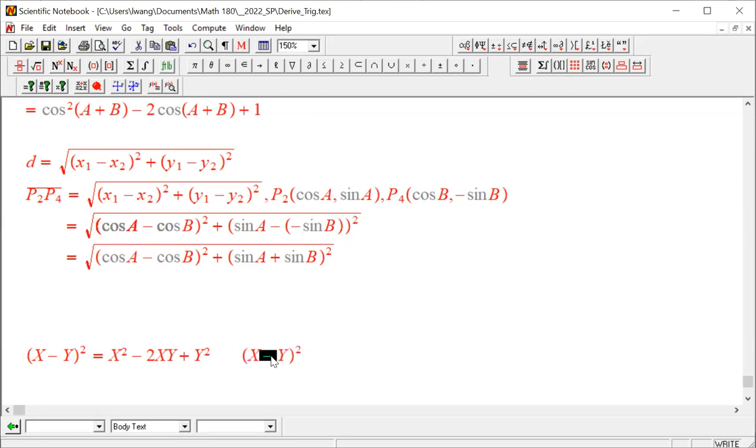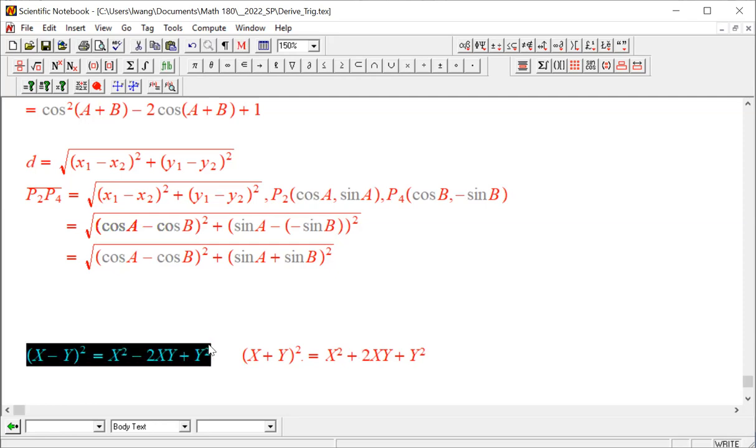For x plus y squared, if you FOIL that, you're going to get this other formula, which is going to be x squared plus 2 times xy plus y squared. So these two formulas will be applied to our situation.